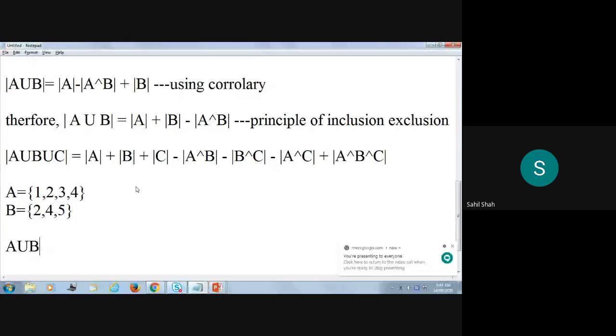Instead of you telling, I am directly writing 1, 2, 3, 4, 5. See how I have written A union B? I am not supposed to have duplication. So what is the cardinality of A? It is 4. Cardinality of B, 3. Cardinality of A union B, it is 5. How is it coming 5 using the formula?